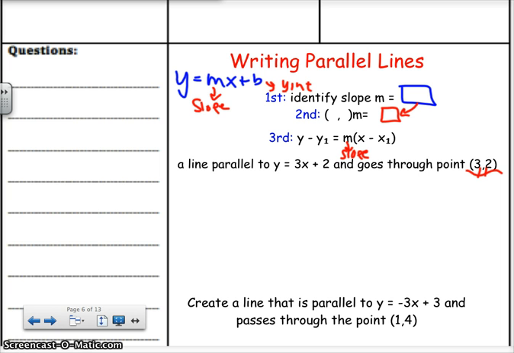So the first thing I need to figure out is what is my slope. If I'm parallel to this line, that means I have the same slope. The slope of that line is 3. So the slope of my line is 3 because they're parallel, they're the same.